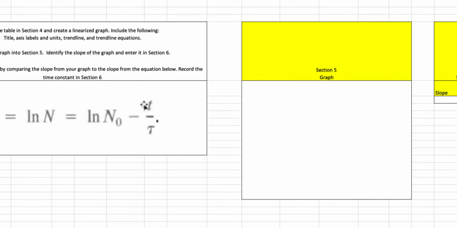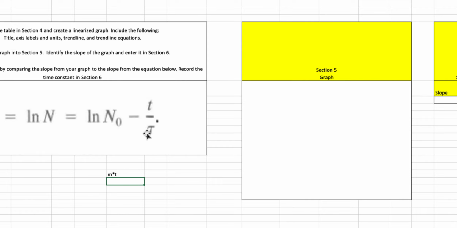Here, the independent variable is t, and the coefficient of t is this other number here, which is the reciprocal of tau. So normally, the equation is going to be m multiplied by x, plus a number, where in this case here, the independent variable is t, so m is going to be the slope and t is going to be the independent variable.